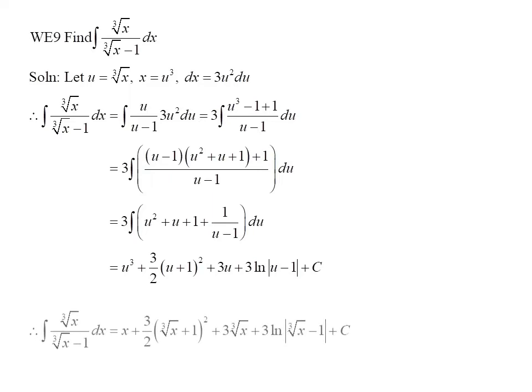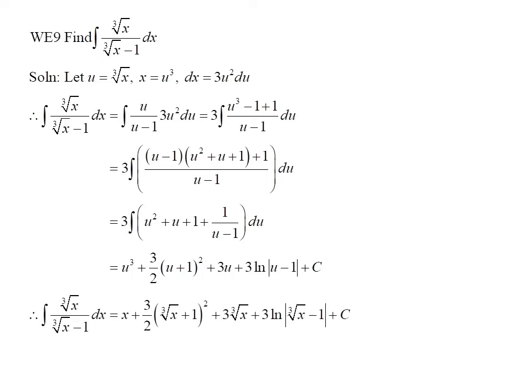After being substituted back to the variable x, the antiderivative equals x plus 3 over 2 times cubic root of x plus 1, or in parentheses, squared, plus 3 cubic root of x plus 3 ln of the modulus of cubic root of x minus 1 plus c.